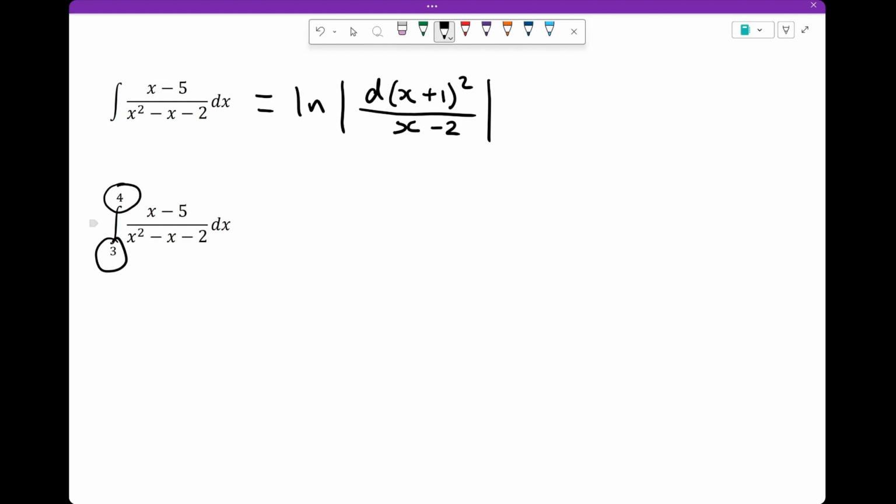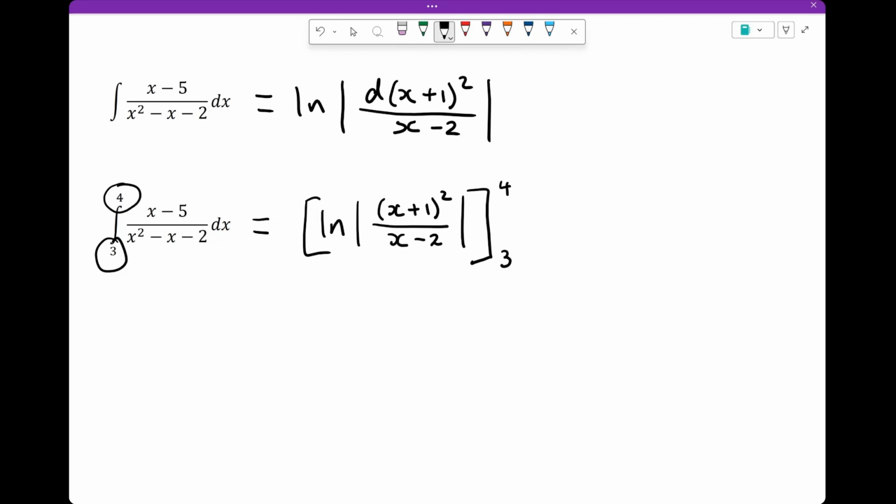What I'm going to do is say that this integral is equal to, and I'm going to write in square brackets my answer from the first part, which is the natural logarithm of the modulus, and we can drop the constant d, given that we're dealing with a definite integral, and I would just write x plus 1 squared divided by x subtract 2, like that. Okay, and then I'd close my square brackets and put my limits on the outside, 4 and 3.